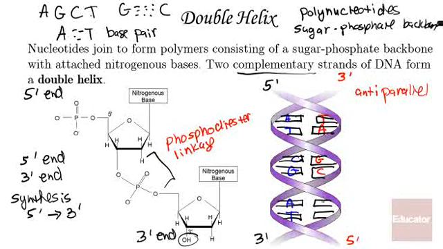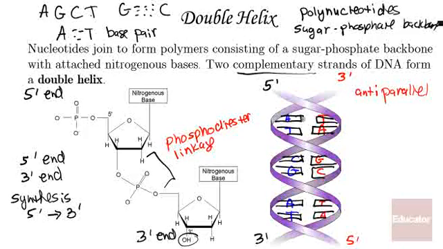G, C, A pairs up with T, T pairs up with A, and so on. So complementary refers to the fact that the base pair on the second strand matches with the base on the first strand.